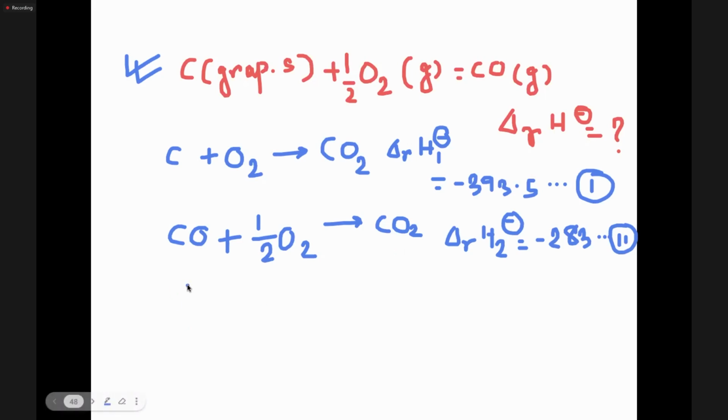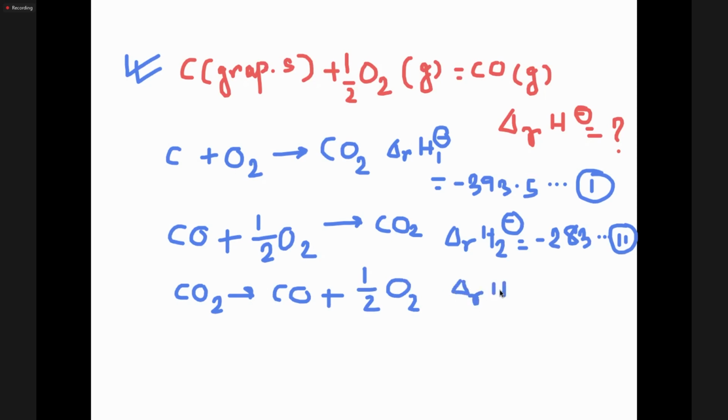So if we reverse the reaction, we have CO2 forming CO plus half O2. And for this reaction, the ΔrH3° value will be just the opposite, the negative sign of equation 2.